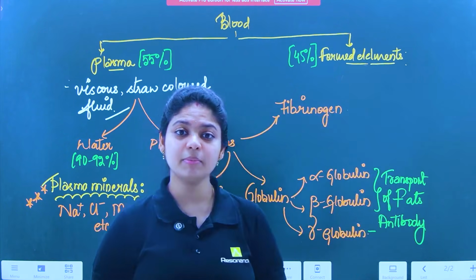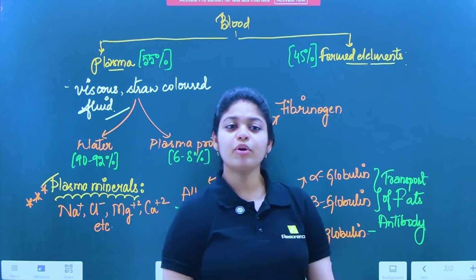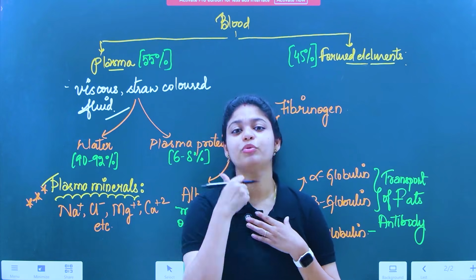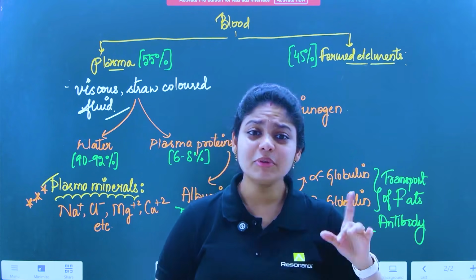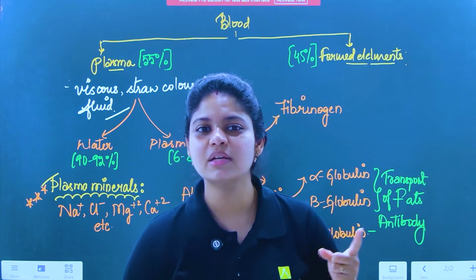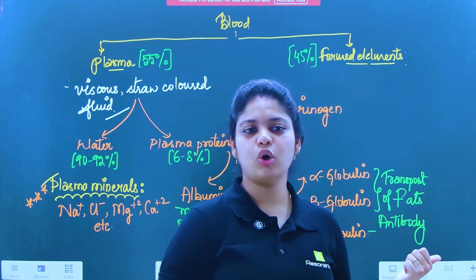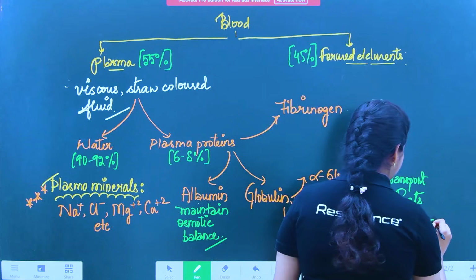Antibody is produced by our body to fight against foreign particles, right? Very good. That is nothing but the defense mechanism. So that antibody is nothing but gamma globulin.